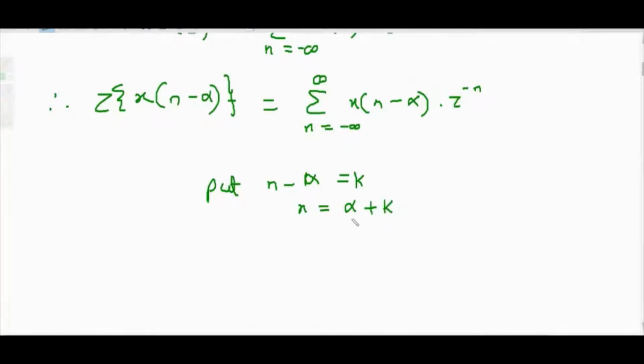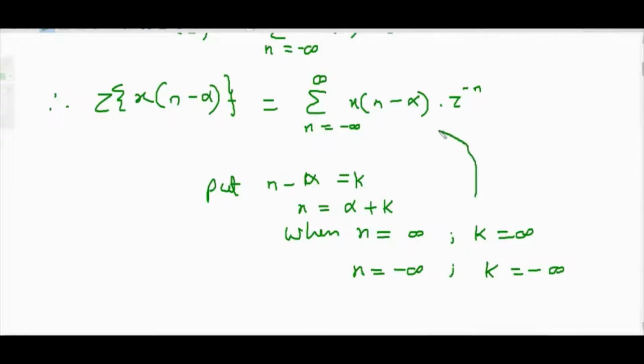When n equals infinity, k will also be infinity minus alpha, where alpha is some constant, so k will also be infinity. When n is minus infinity, minus infinity minus a constant is still minus infinity, so k will also become minus infinity.